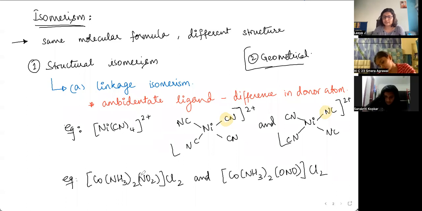So in this case, nitrogen is the one linked to cobalt, and in this case, oxygen is the one linked to cobalt.